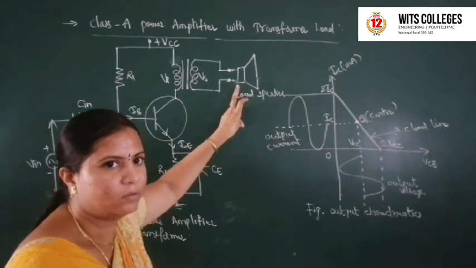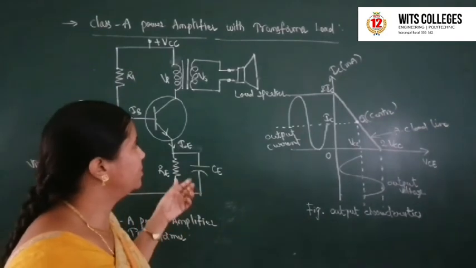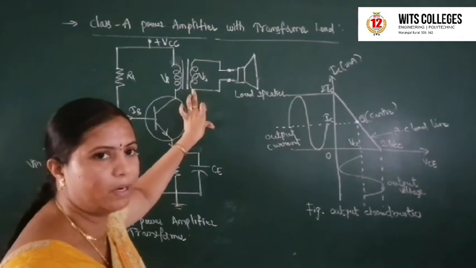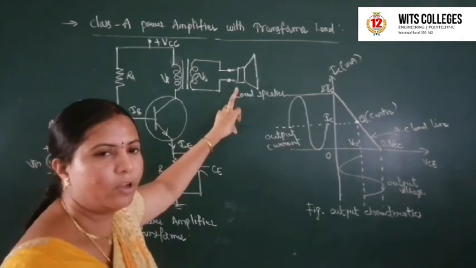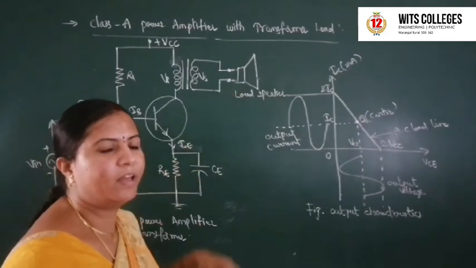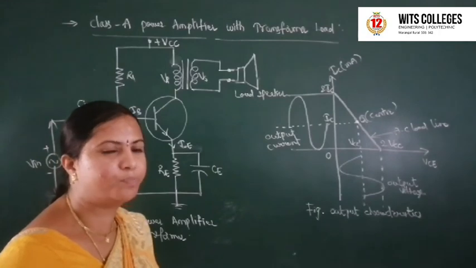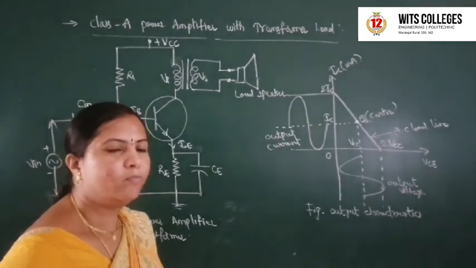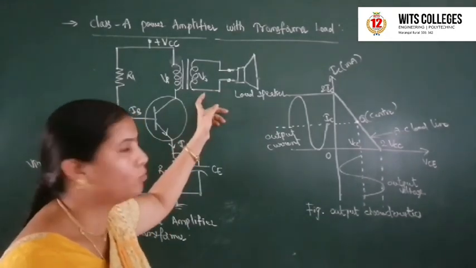Understand? So what is happening here? In the power amplifier with transformer, the transformer output is connected to the loudspeaker. So the power amplifier with transformer is used to drive the loudspeaker and antennas. Here the maximum power is delivered to the transformer, to drive the loudspeaker.